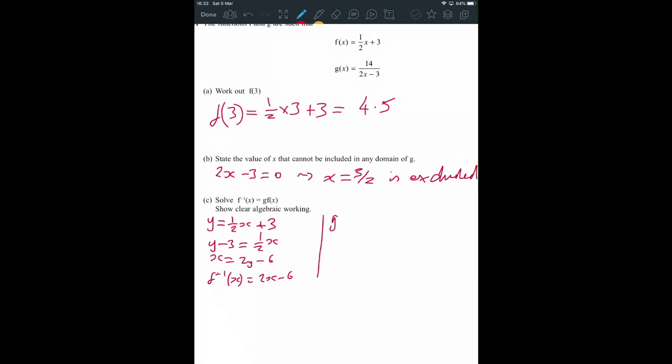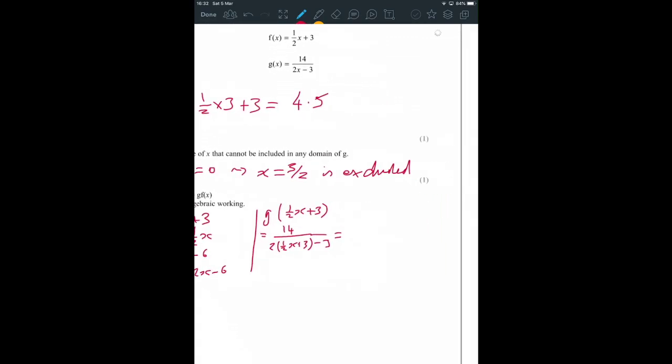GF, well, that's g of f. F was a half x plus 3. So that is 14 over 2 lots of a half x plus 3 minus 3. Let's try and simplify this a little bit.